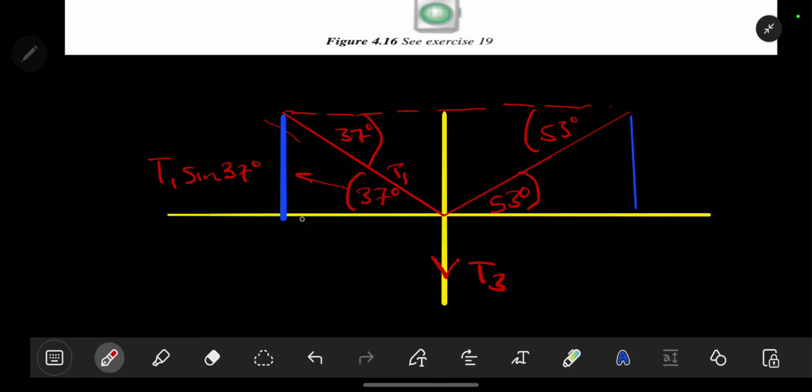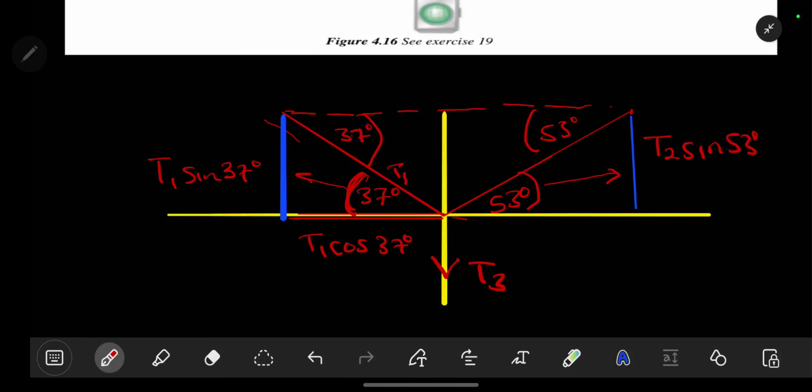Whatever is the opposite, then the base will be your T1 cos of 37. So where the angle touches the line, that will be your T1 cos of whichever angle. Likewise, even here, the opposite side will be T2 sine of 53 degrees.